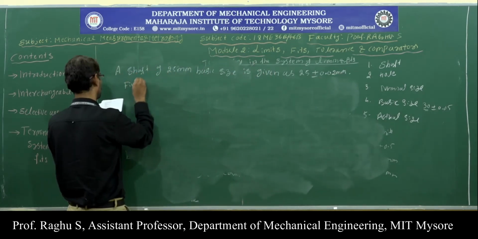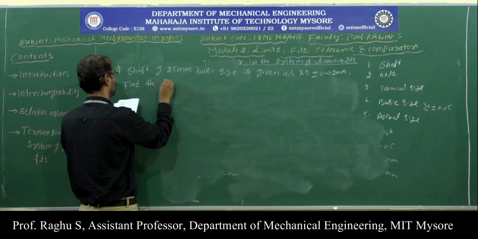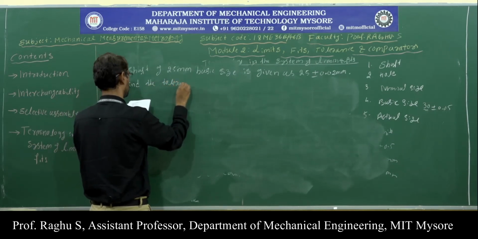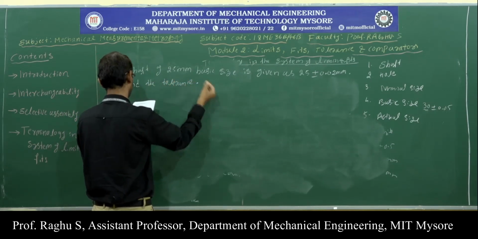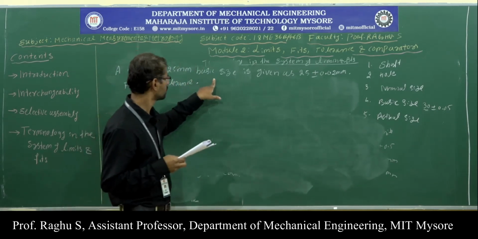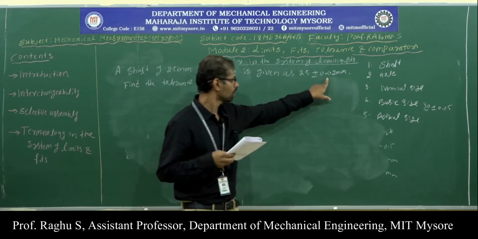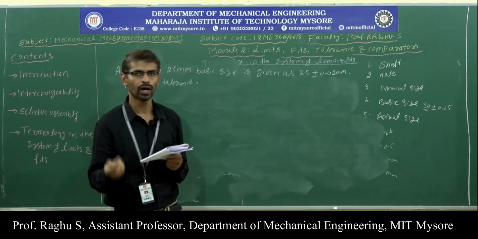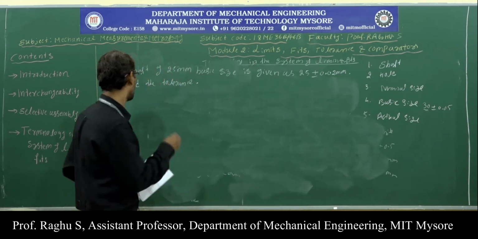Find the tolerance. Here, a shaft of 25 mm basic size is given as 25 plus or minus 0.02 mm. Then find the tolerance. Already I told you.